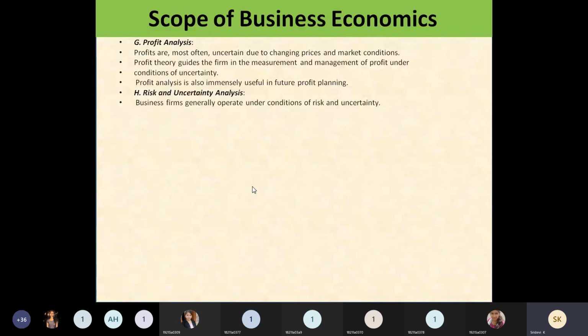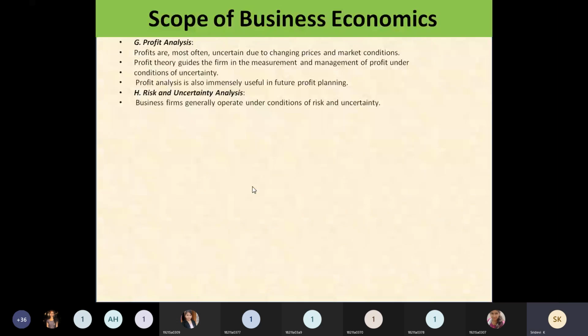For example, suddenly the government has changed the currency, no one knew that this would happen. This is what is called uncertainty. Unknowingly facing something is uncertainty. Risk means knowingly facing it.